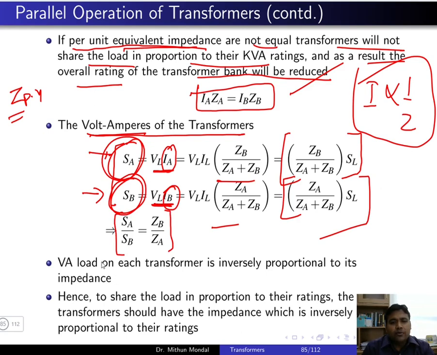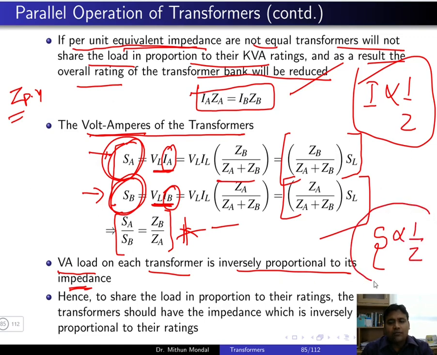We can notice from this equation that the volt ampere load on each transformer is inversely proportional to its impedance. So here also the complex power is inversely proportional to the impedance of the network.